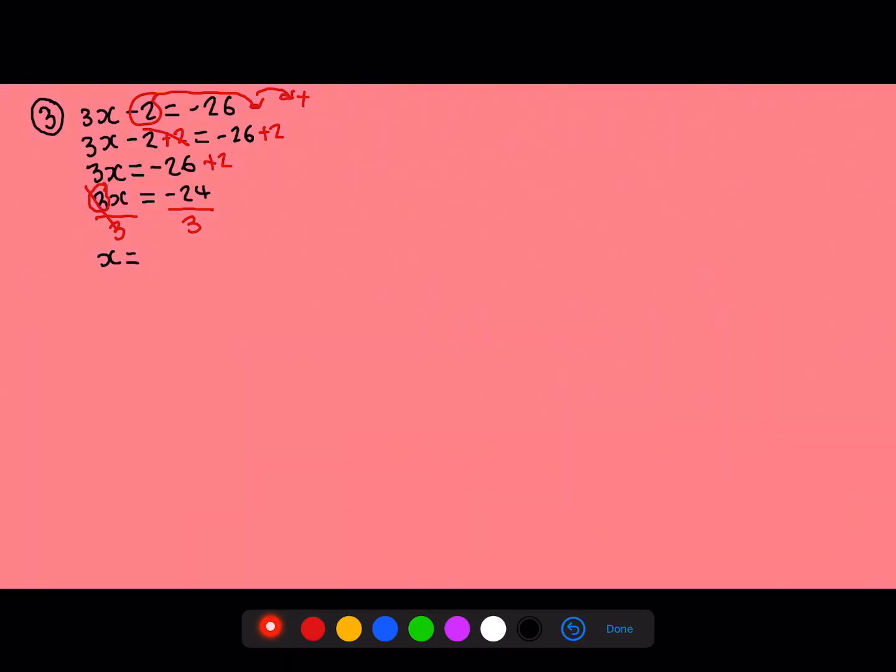The sign does not change anything when you're doing this, and it would technically just be normally 24 divided by 3, but just negative. So in easier words, it would be negative 24 divided by 3, or just 24 divided by 3, and then you add the sign.